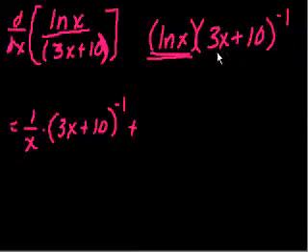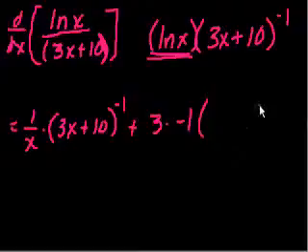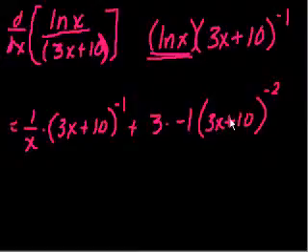First we use the chain rule. The derivative of the inside, 3x plus 10, is just 3. Then we take the derivative of the whole thing, so it's negative 1. That's 3 times negative 1 times 3x plus 10 to the minus 2. And of course, this whole thing times the natural log of x.